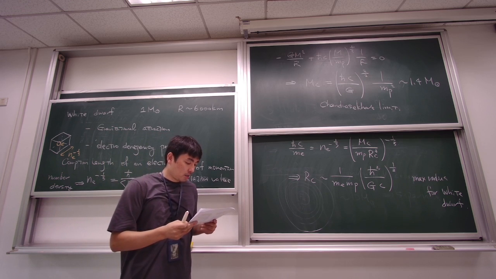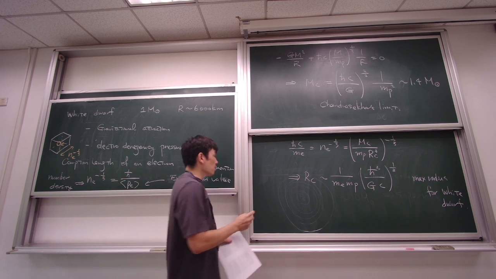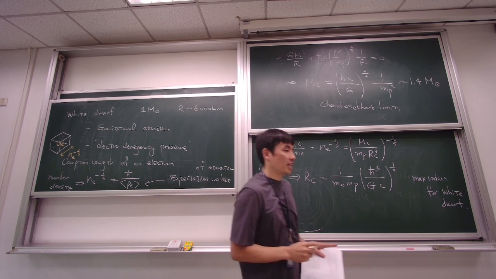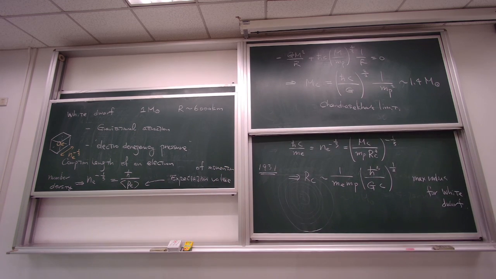So the question is what is going to happen if the white dwarf has a bigger mass.